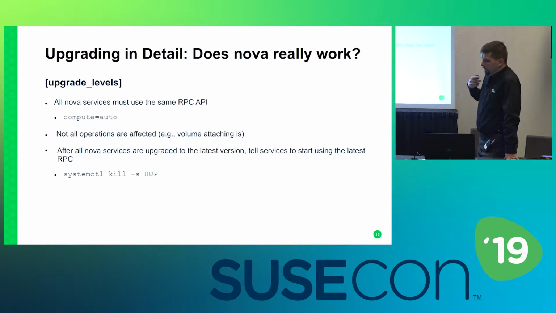Well, not manual. I mean an explicit step required at the very end of an upgrade, when we know that everything is already running the new version. We just have to go to each node and send the SIGHUP signal to all Nova services. So they reload the configuration, find out that indeed all the Nova services are already using the latest version, so they can start using the latest version of RPC.